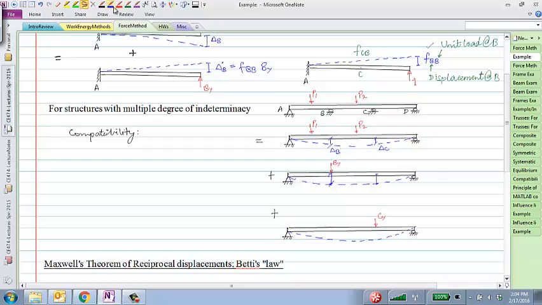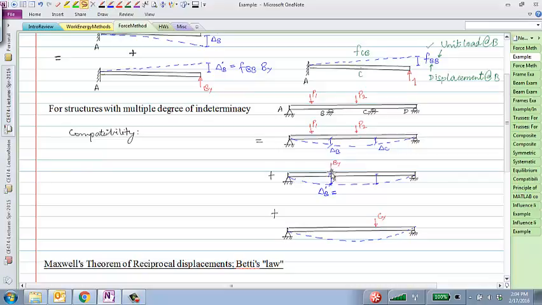Okay, delta B prime. But what would that be equal to? It would be equal to FBB times By.